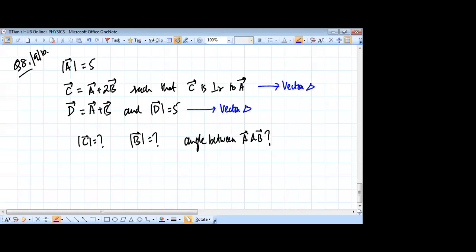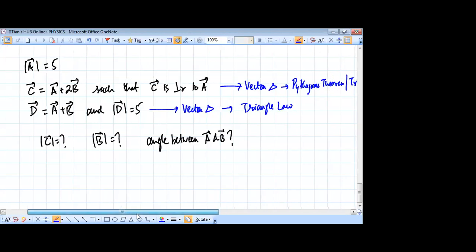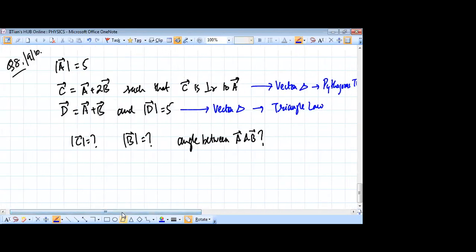Now, when you make a vector triangle for this one, this is perpendicular, so you can make use of Pythagoras theorem or trigonometry. Whereas this one is not a right angle triangle, so make use of triangle law to write some equations, and when you solve those equations, you will be able to get the unknown quantities.